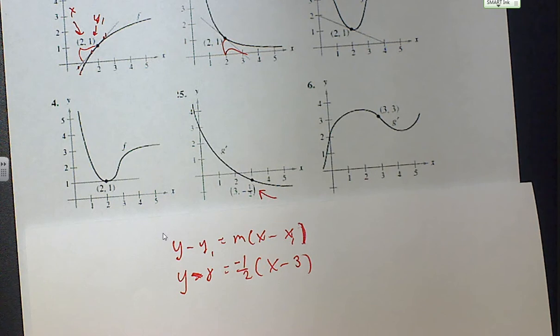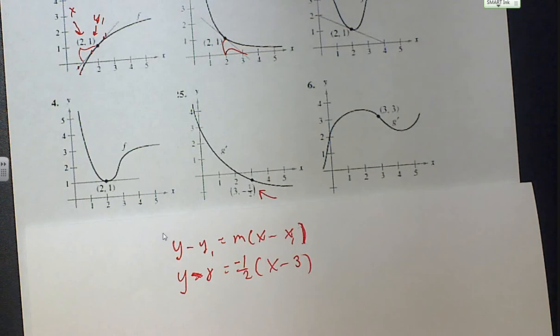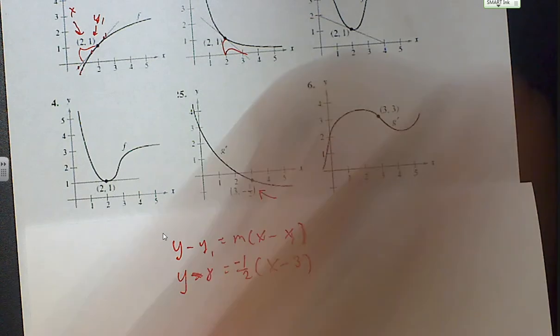You're frowning, Alex. I don't understand. So 5 and 6 don't give you a graph of f, they give you a graph of g prime. They give you slopes, right? You're not trying to draw a tangent line here. That's not the goal.